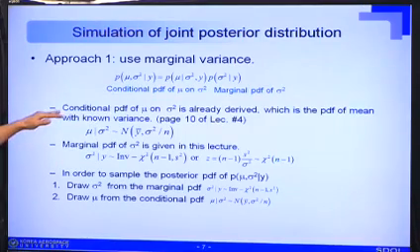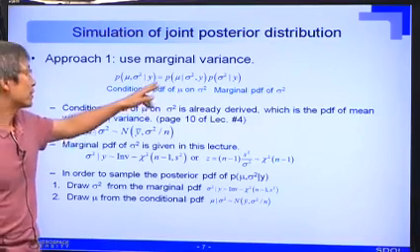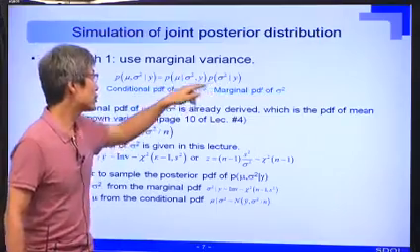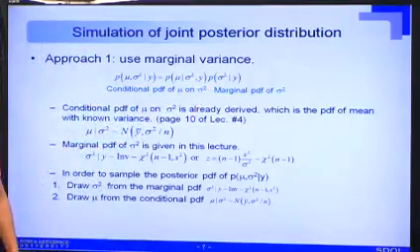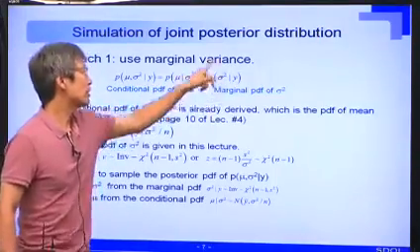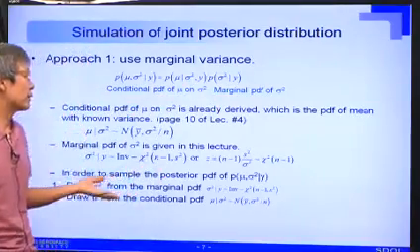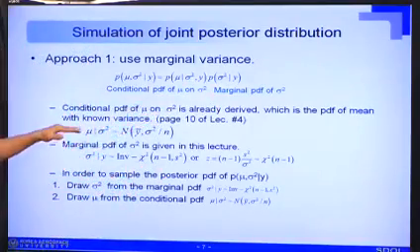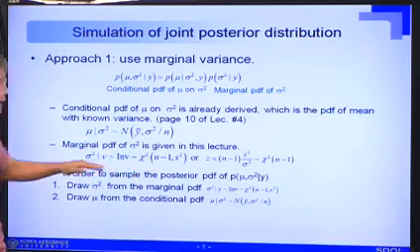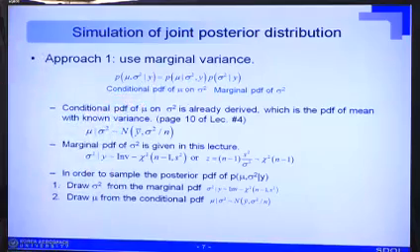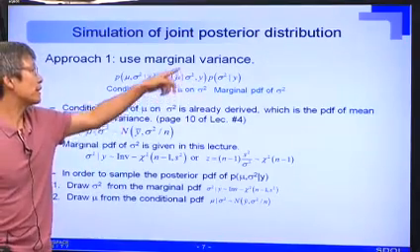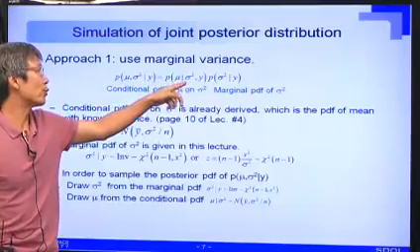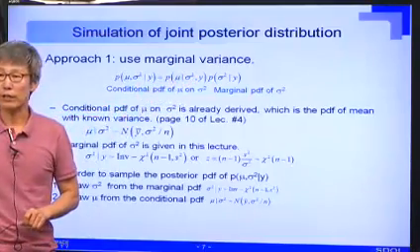And we already know what each distribution will look like, because this one is the marginal PDF over sigma square, and I already showed you that this is the inverse chi-square distribution. And this one is the conditional PDF of unknown mu based on the assumption that we know sigma square.